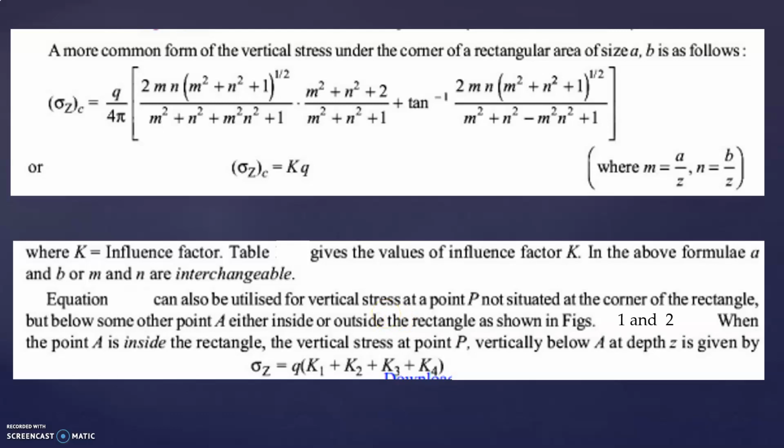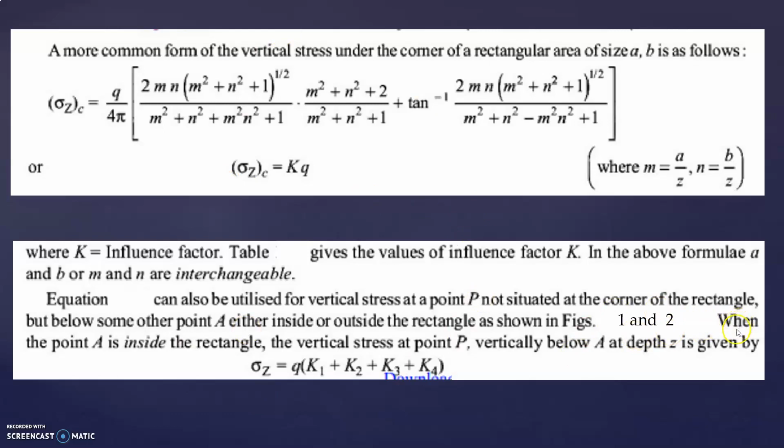So this formula is not only for finding the vertical stress at the corner of the rectangular area. It can also be used for a point which is not at the corner; it may be some other point A, either inside or outside the rectangle. I will show the figures in the next slide.